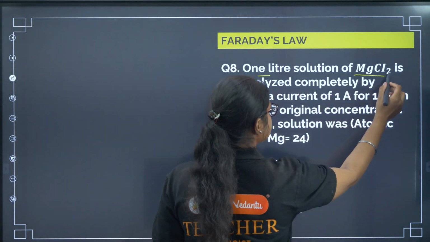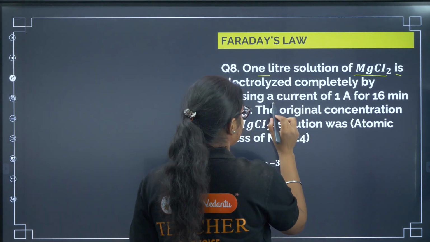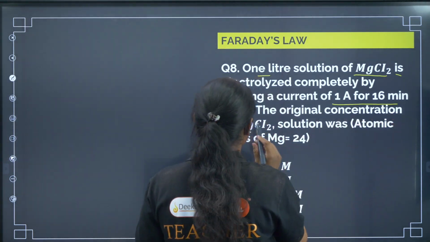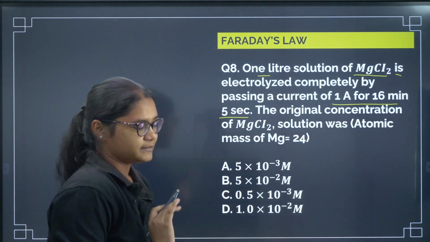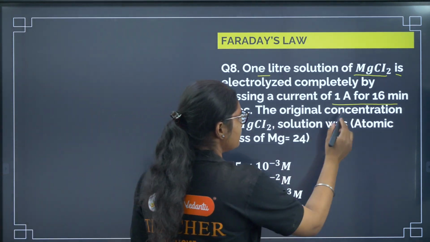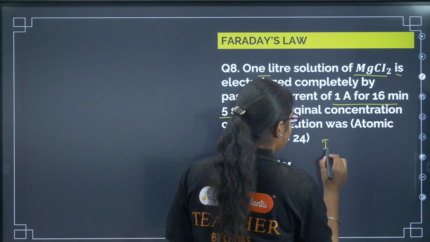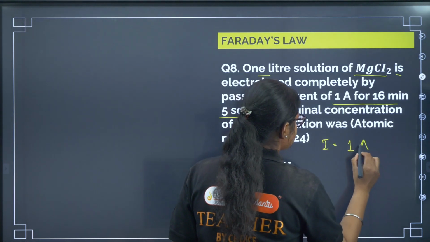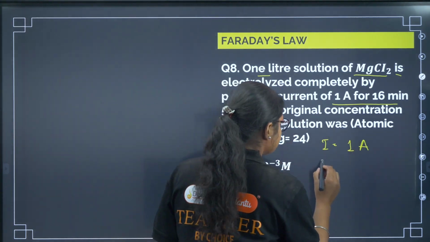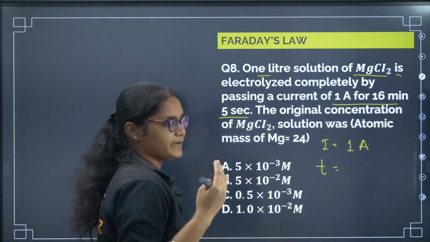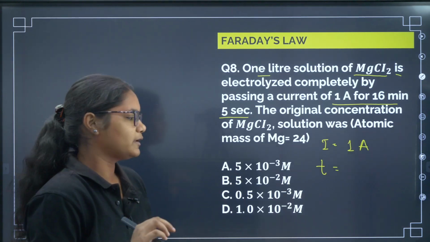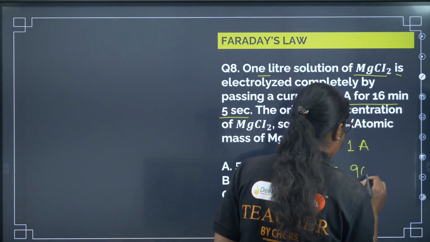1 liter of MgCl2 is electrolyzed completely, passing a current of 1 ampere for 16 minutes and 5 seconds. So what all data are given to you? First, what is the current value? I is 1 ampere. Time is 16 minutes and 5 seconds, means total 965 seconds, right?